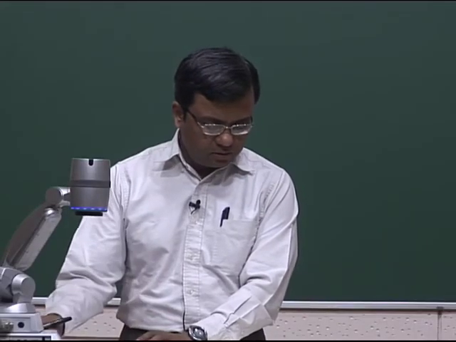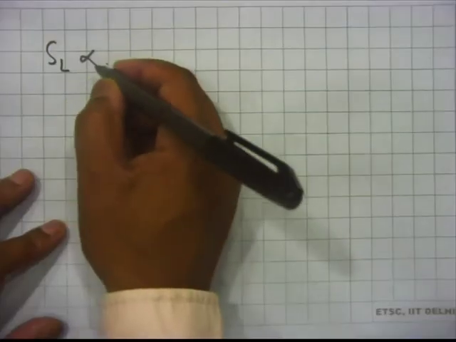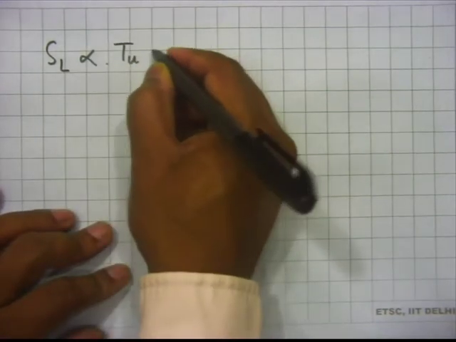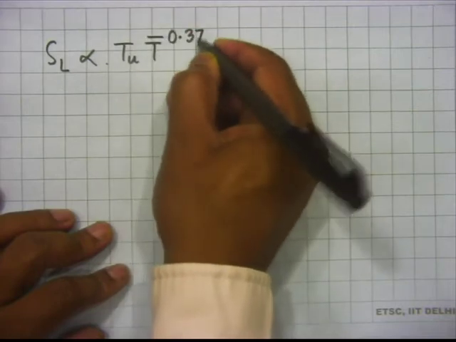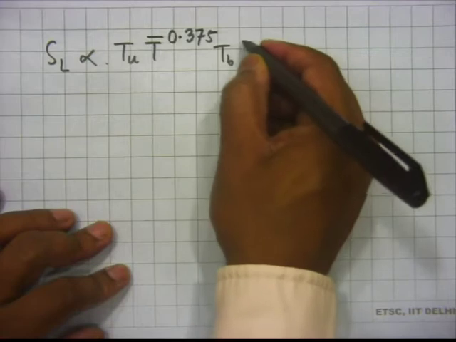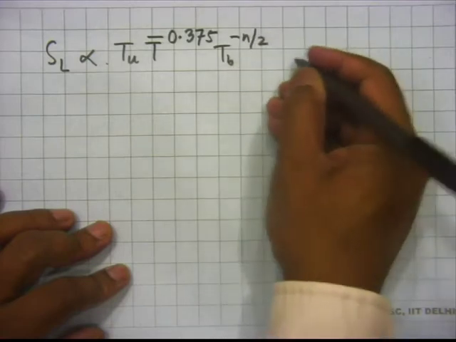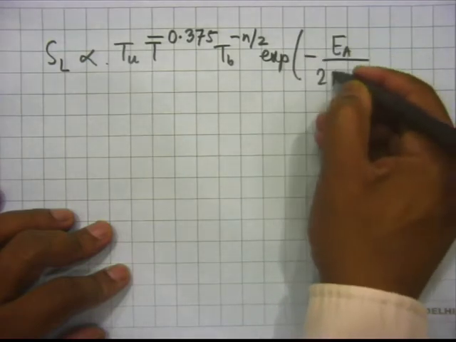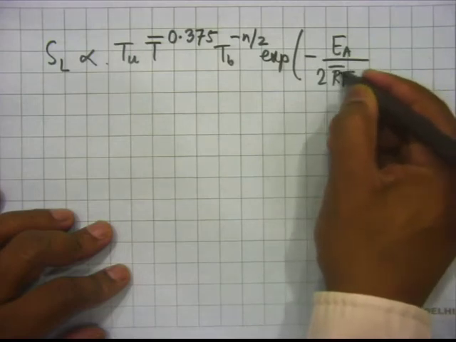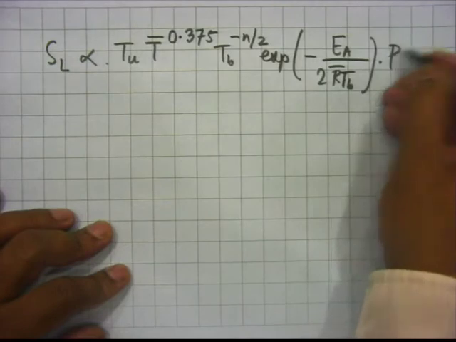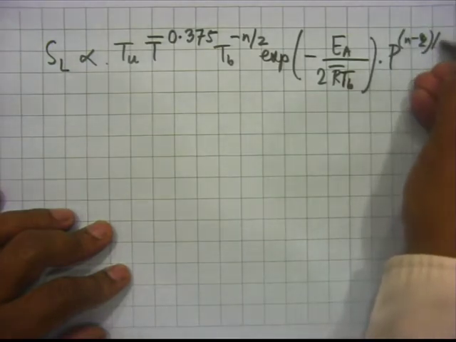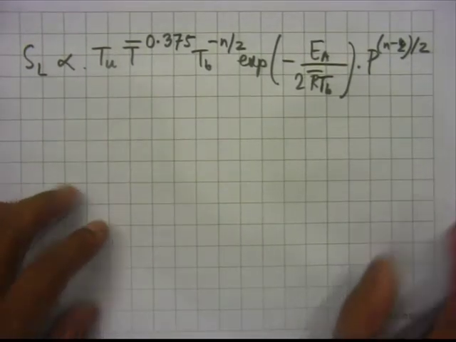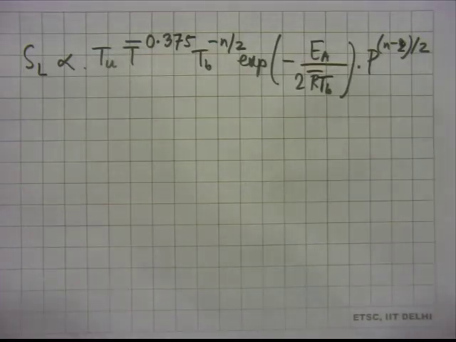SL is proportional to, actually the last one was also right, but write a more compact form. So, this is after using 1 and 2 in the expression for SL.